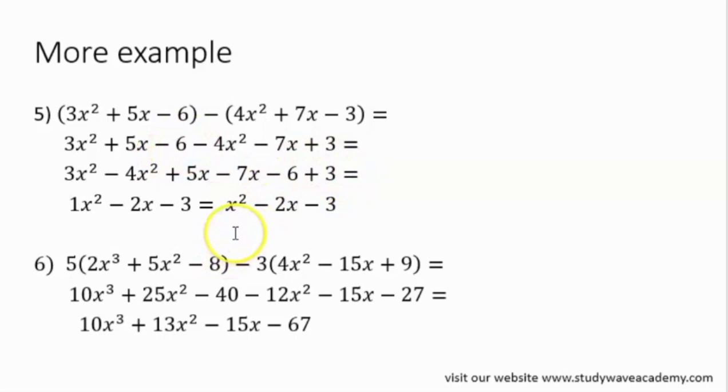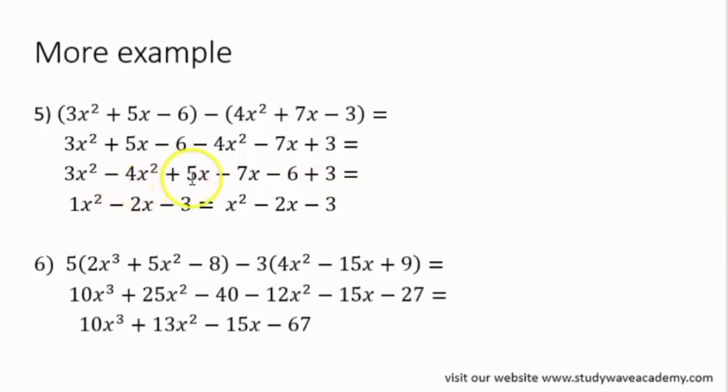What are we going to do next? Add each of the common numbers together, or subtract the common numbers depending on their sign. That is what we are going to do. So we say 3x squared minus 4x squared is going to give us minus 1x squared, right?